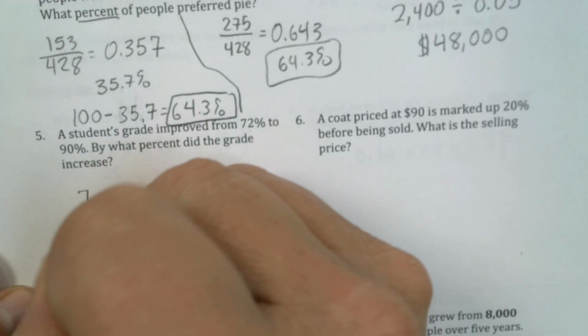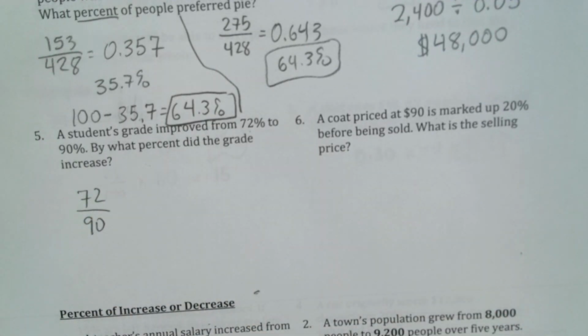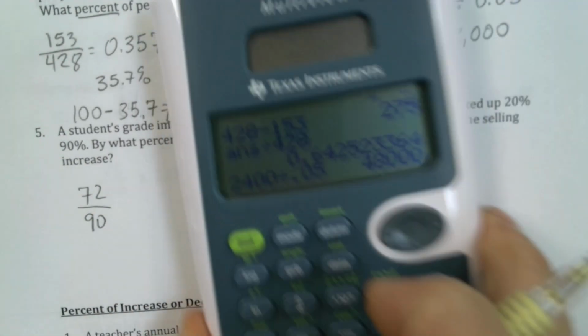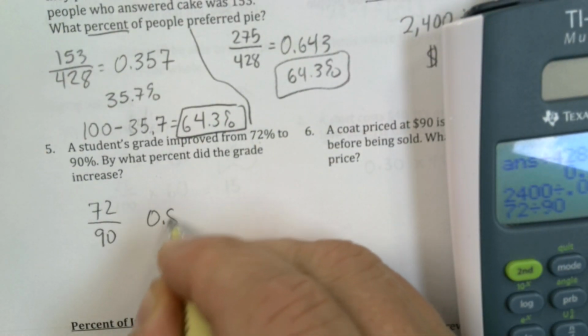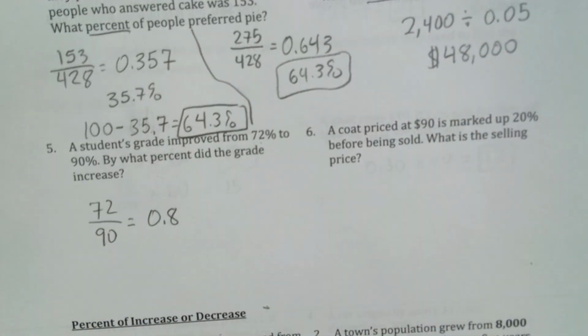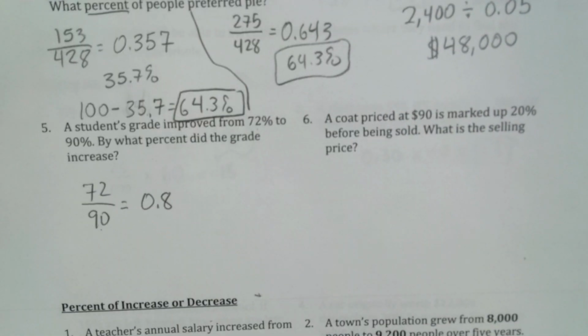So if I do 72 over 90, 72 divided by 90, that's 0.8, huh? So that tells us that 72 is 80% of 90, but does that tell me the percent increase?